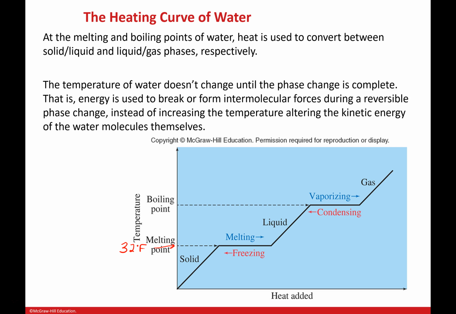So what is 32 Fahrenheit on a Celsius scale? 0 degrees Celsius. Very good. So what temperature does water boil at? 100 degrees Celsius, or 212 Fahrenheit.